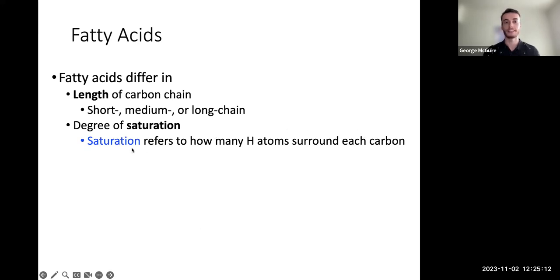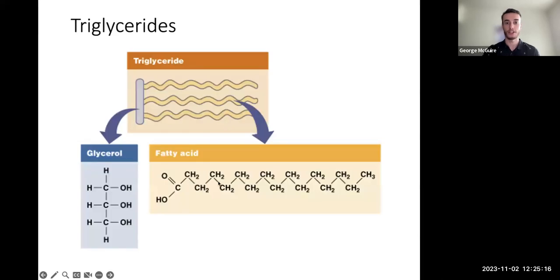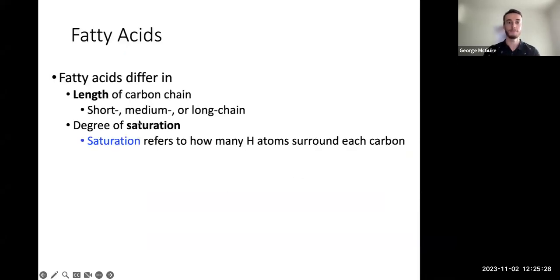And so again, we'll come back to this, but all fatty acid tails, right, are just long chains of carbons with hydrogens branching off of them. And so the number of hydrogens that are bonded to that carbon is what is going to change the saturation. So again, fatty acids can differ in length, degree of saturation, and then lastly, their shape. And that shape is going to be determined by how saturated those carbons are.